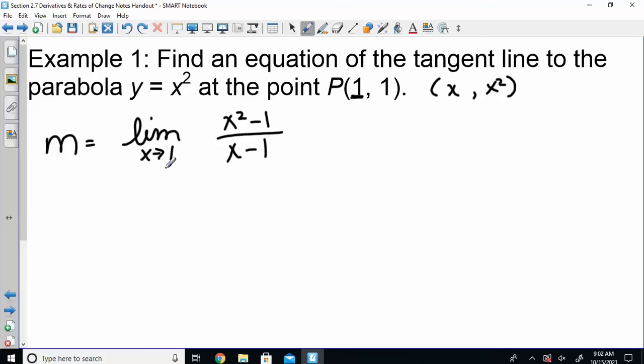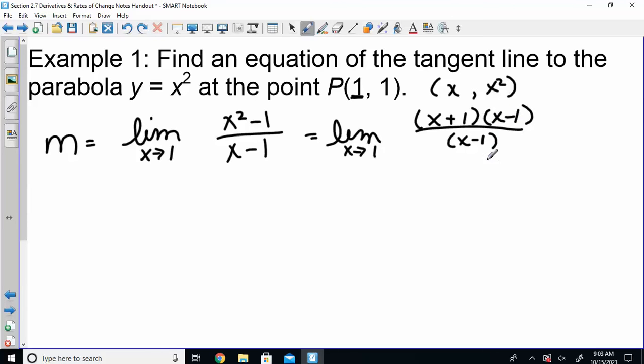That's when you're approaching infinity, that we tried dividing by the highest power of x. Factor. We can't plug in right now because we're getting 0 on the bottom. We could write that as x plus 1, x minus 1 over x minus 1. Then those x minus 1's cancel, and then can we plug in?